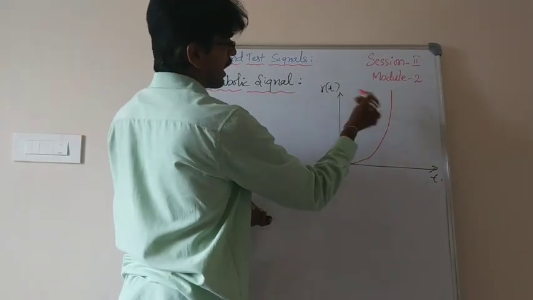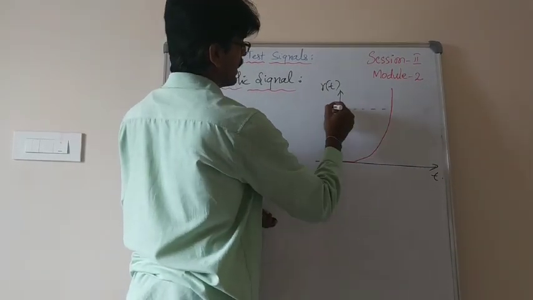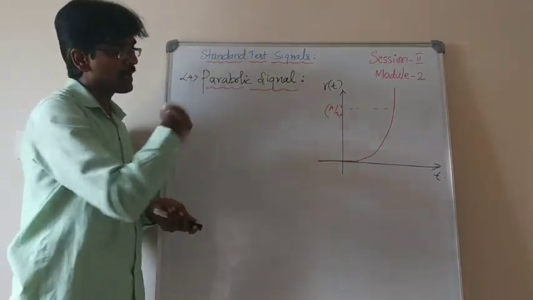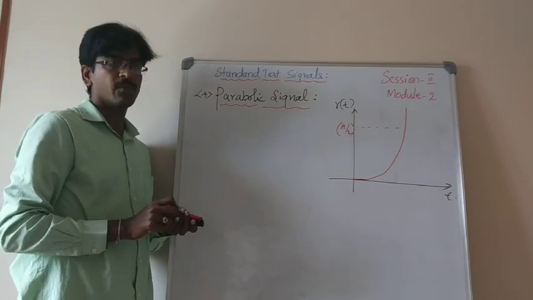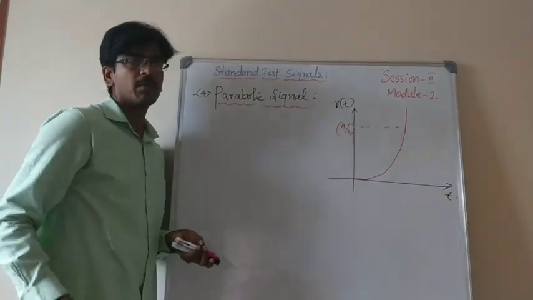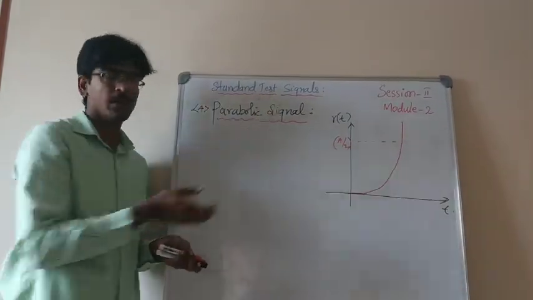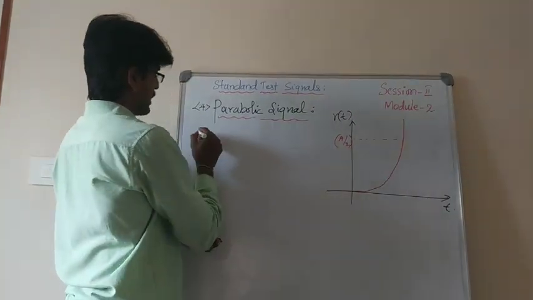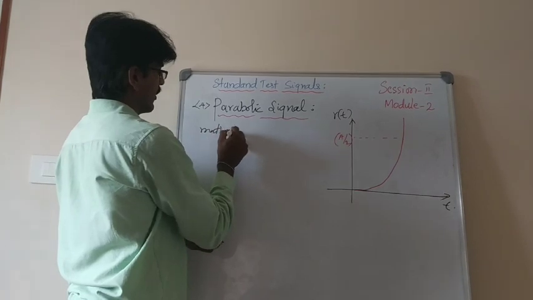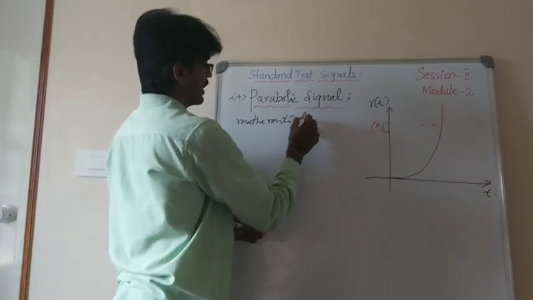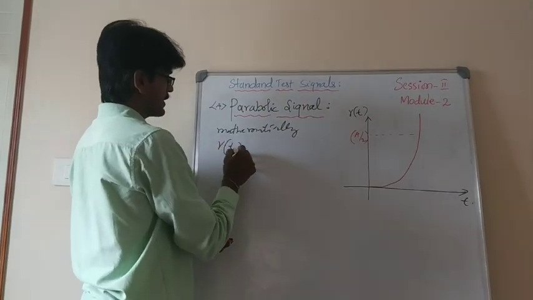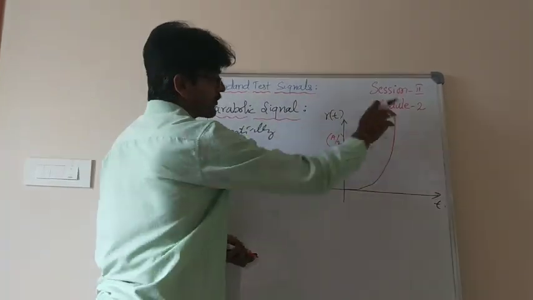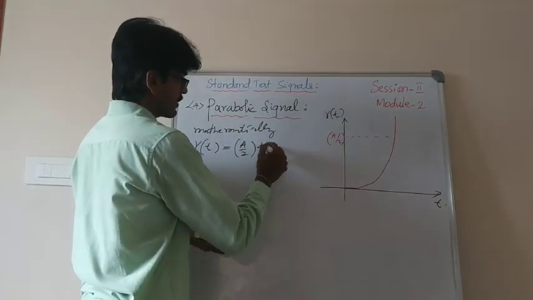Now I take the amplitude as a by 2 instead of a, to get the similarity between the previous signal and this signal. Later you will understand why I have taken a by 2. So mathematically, this can be represented as r of t is equal to a by 2 is the amplitude, and it is proportional to square of the time, hence it is t square.